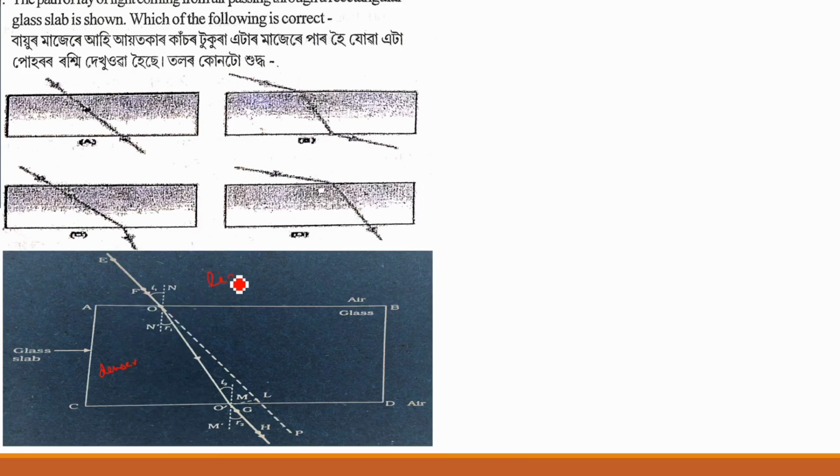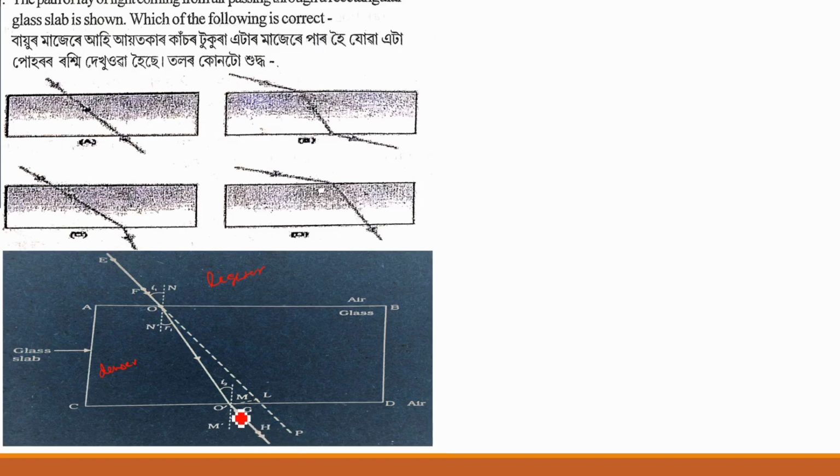So whenever an incident ray comes from the lighter medium and enters the denser medium, this is the normal, and this is the normal. So this light bends towards the normal, and when it emerges out from the denser medium back into the air medium, this ray of light bends away from the normal.